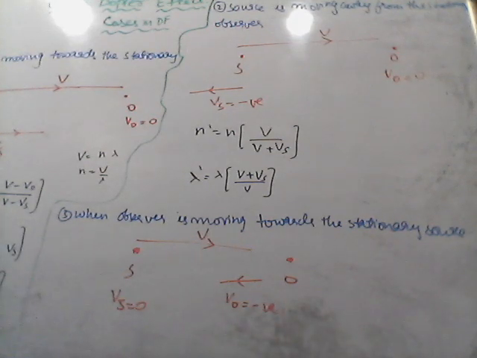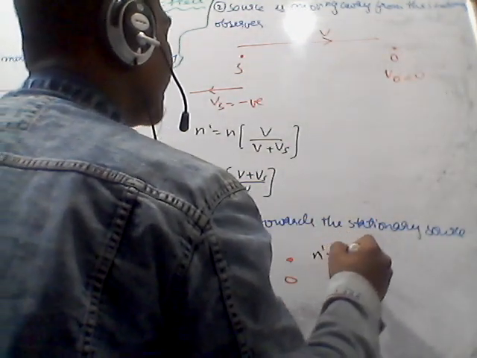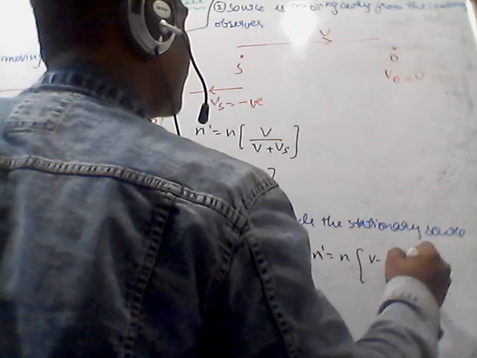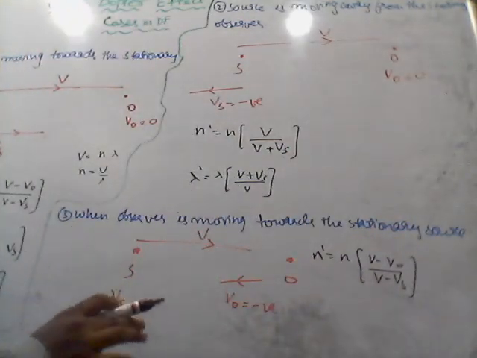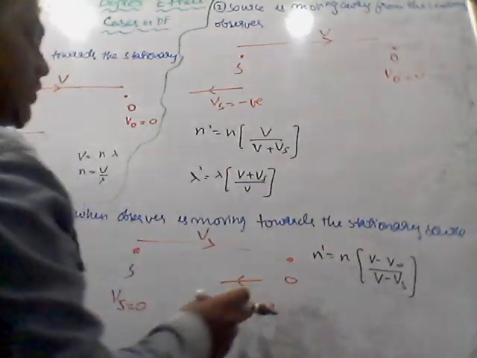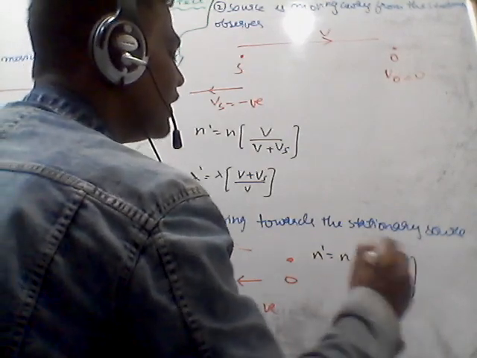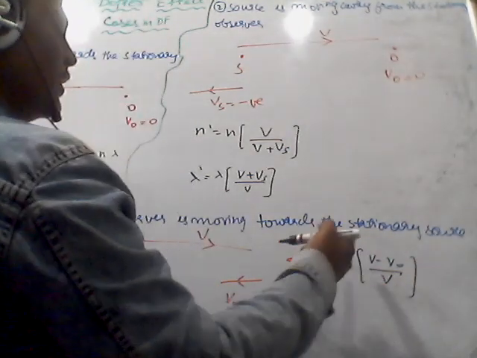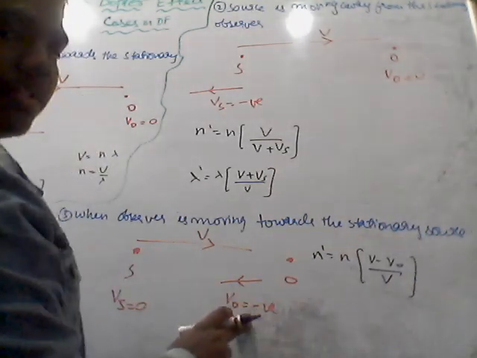Now directly writing the formula, n dash is equals to n into v minus vo by v minus vs. Okay, this is the formula. If you know this, anything can be solved in Doppler effect. Now here Vs is 0, means in the denominator only V is left, correct? And in the numerator V minus of minus VO, because VO is negative, correct?